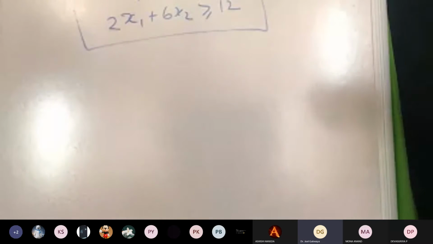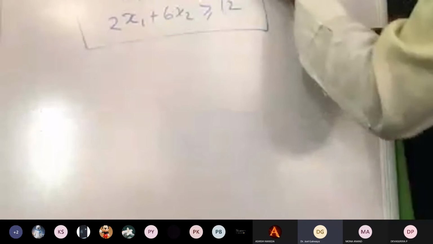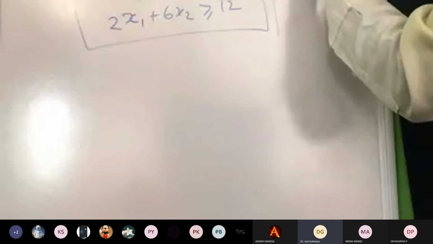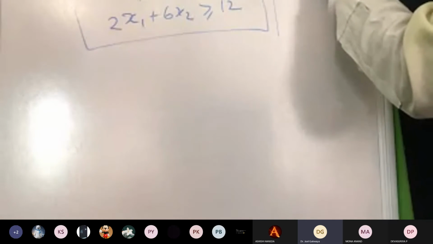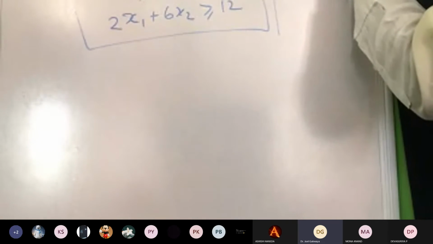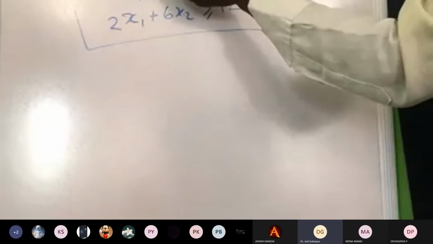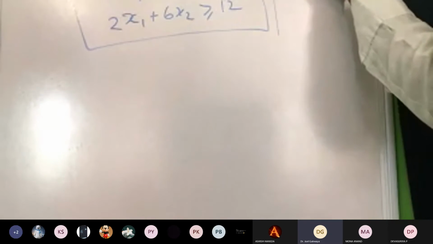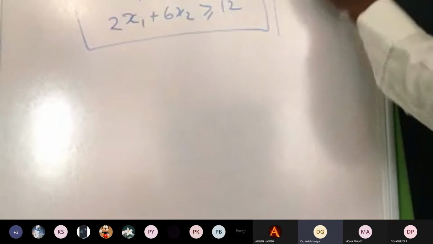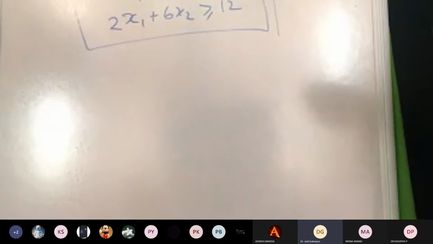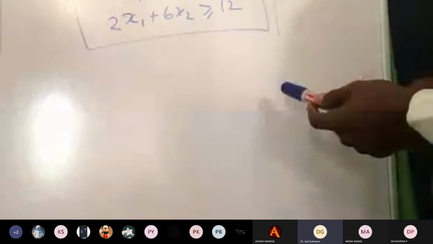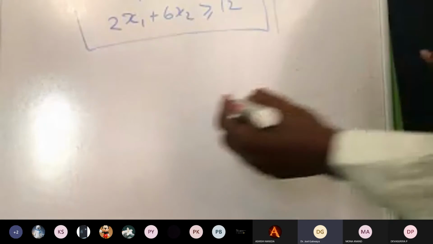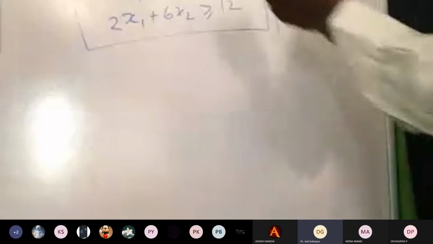Yeah, please convert the given problem. The question is: solve this LPP by using the big M method. Please convert it and show me. First convert it, and formulate the table as well. By formulating the table, please keep in mind what you have to include there.